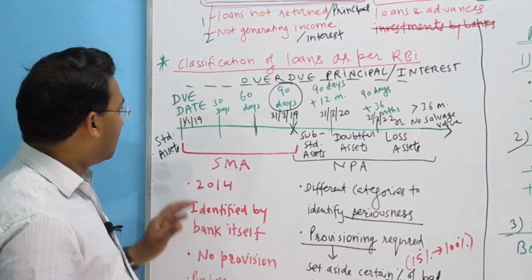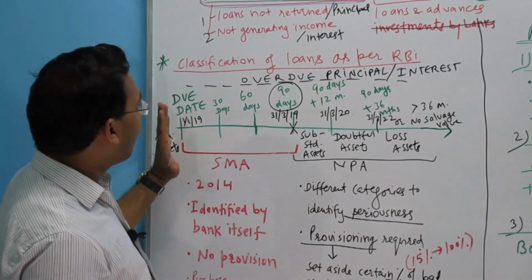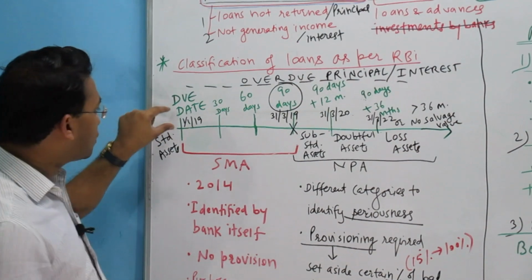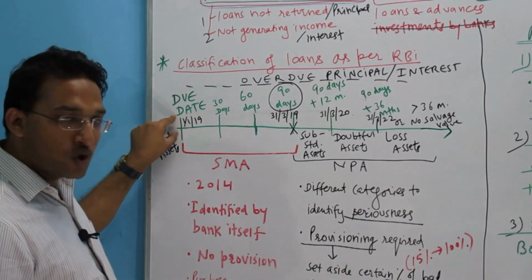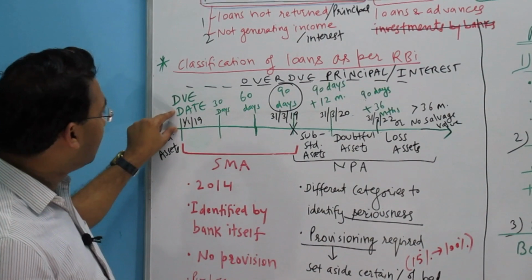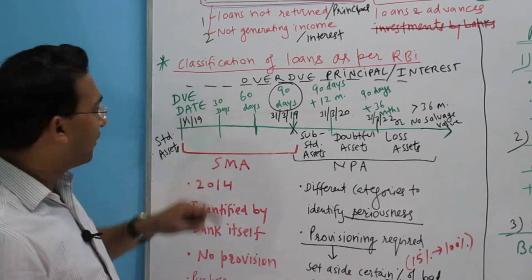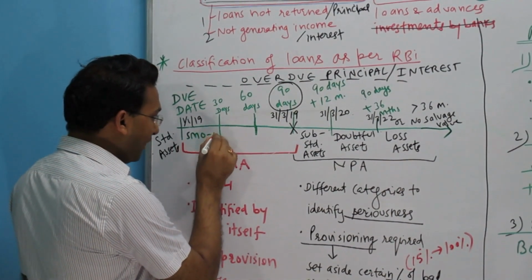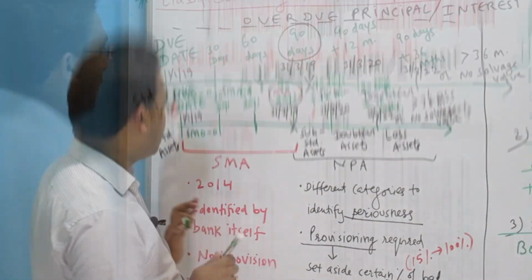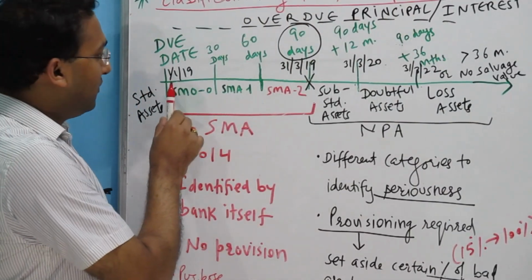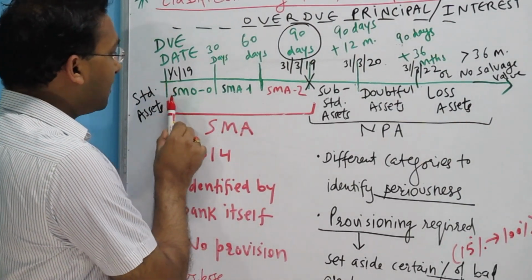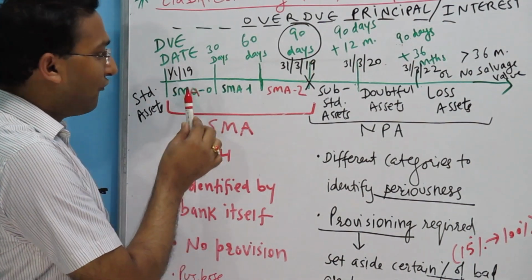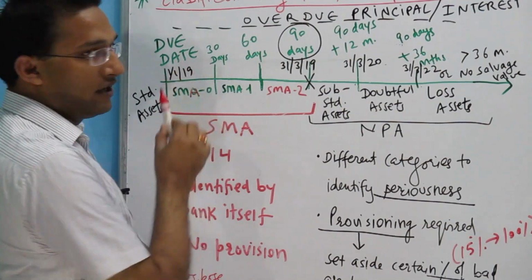So from 2014 onwards, these overdue accounts were further classified into three categories up to 90 days, right? So on 1st of January 2019, this becomes overdue. From 1st of January 2019, for the next 30 days, this will be classified as special mention account category 0, right? This loan will be classified as SMA 0, that is special mention account 0, when this remains overdue up to 30 days.